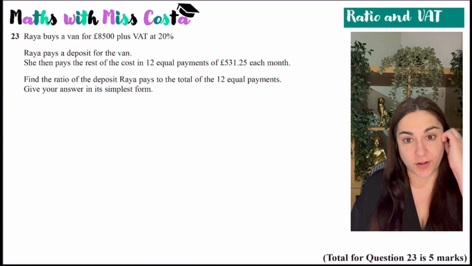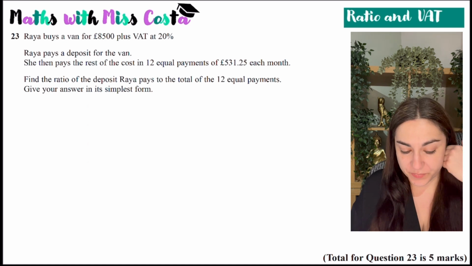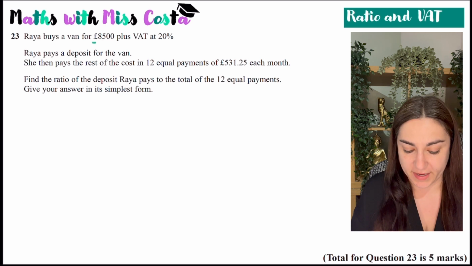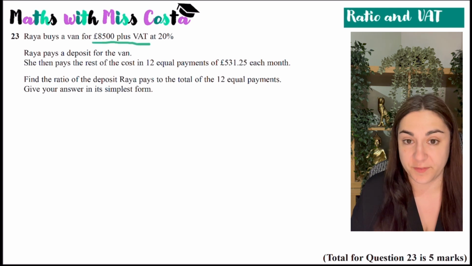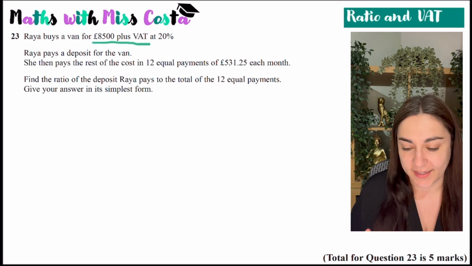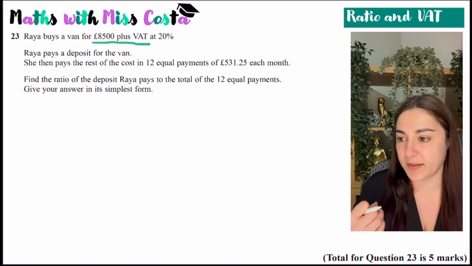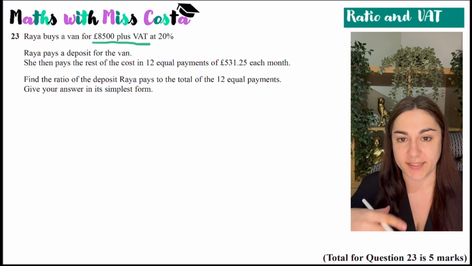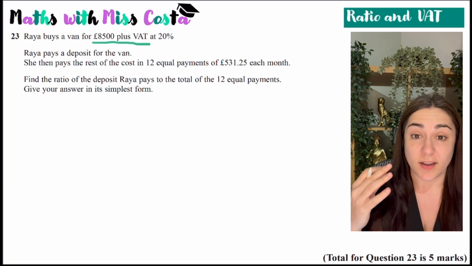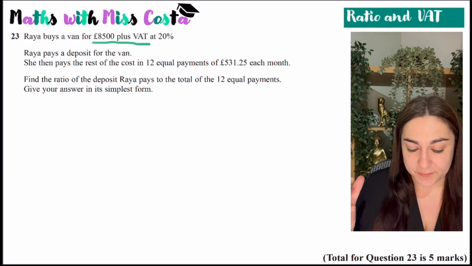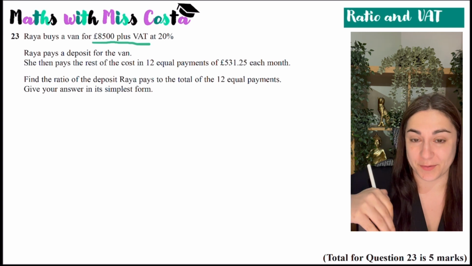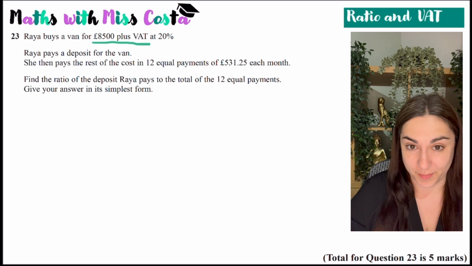Okay, next I've got a money question. I'm told that Raya buys a van for £8,500 plus VAT. VAT stands for value added tax. Sometimes, like when you go to a big supermarket, they include VAT in the price, so you don't have to add anything. But when you're buying big purchases, they don't include that in the price. So VAT means what you have to pay on top of the purchase price.